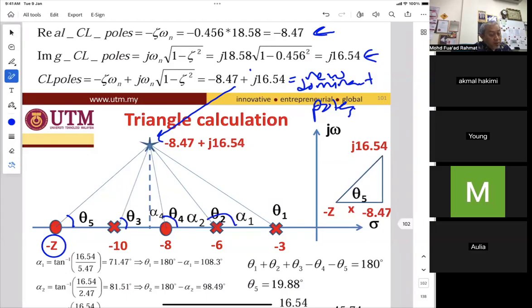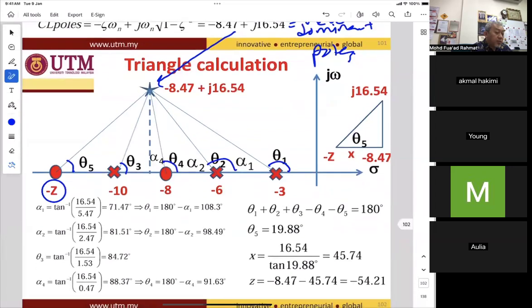And finally, angle of the pole at minus 3 is theta 1. So we calculate using the angle criteria, which is this one. Okay. Theta 1 plus theta 2 plus theta 3, these three poles, this angle actually from the three poles, then minus theta 4 from the zero at minus 8, and minus theta phi from the zero of the PD controller.